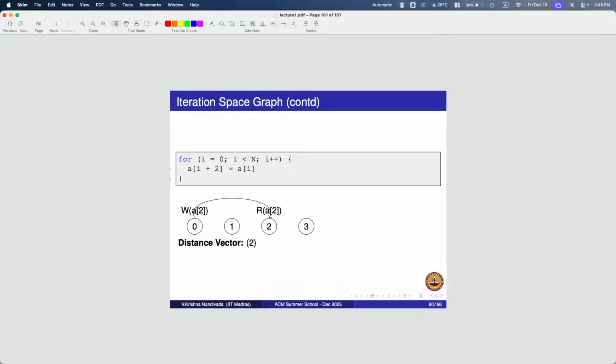Let us say I have one more loop. B sub I, j I am writing here, equal to b I minus 1, j plus 1. This is more interesting. Okay, pay attention to this.